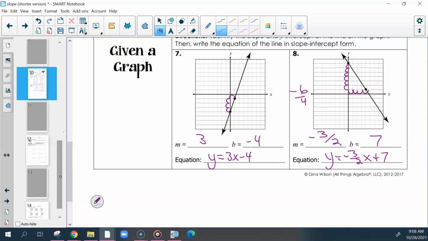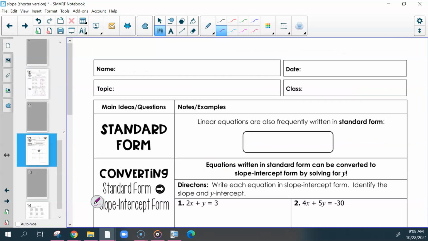Okay. And then on this page is the actual lesson for today. This is the last thing we need to know about slopes. We already know how to find it in an equation. It's whatever number is in front of the x. But sometimes it's not written in slope-intercept form.